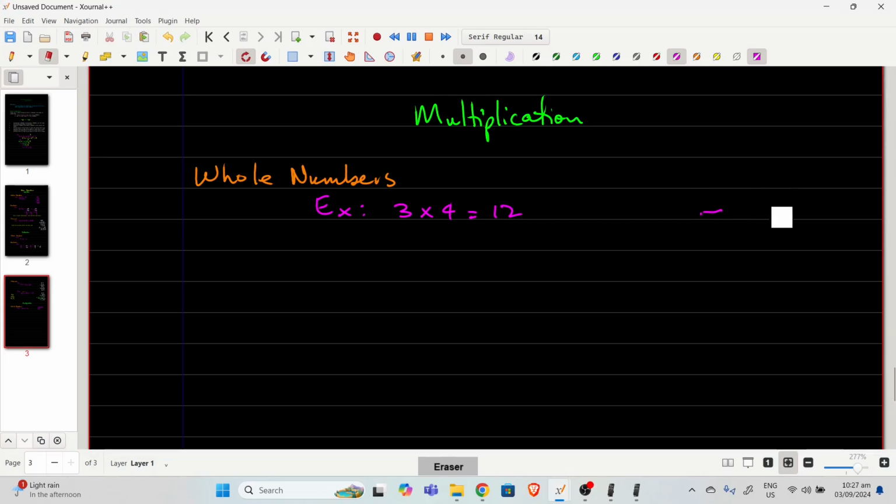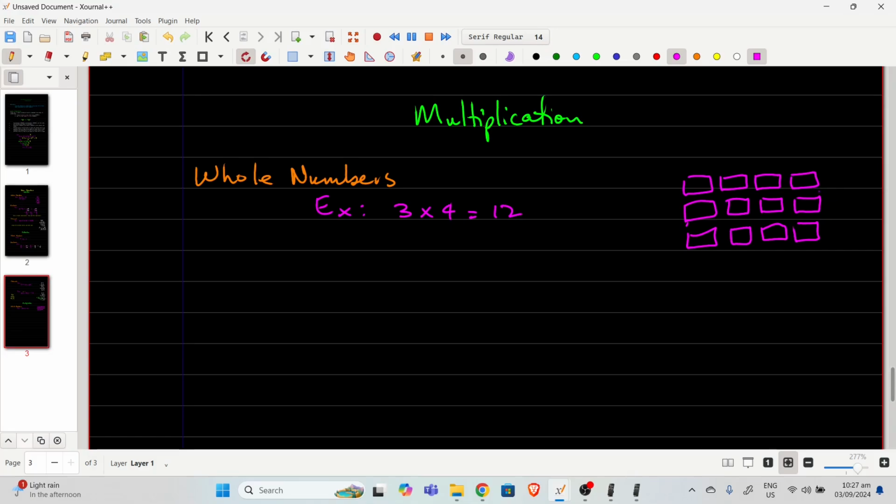Well, actually, you know what? Let's say it's rows by column. So I have 3 rows of 4. Right? If I have 3 rows of 4, how many do I have? It's 12. Again, this is something you should know from primary school, so it shouldn't be too much of an issue for you to follow. So we have 3 rows, and 1, 2, 3, 4 columns, and the multiplication is just the total amount of blocks inside of here, which is 12.